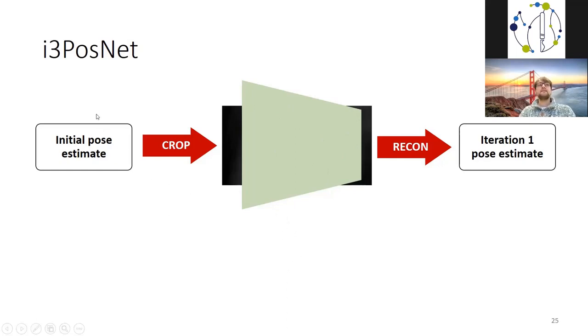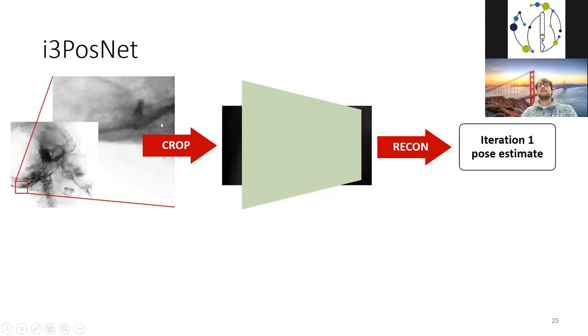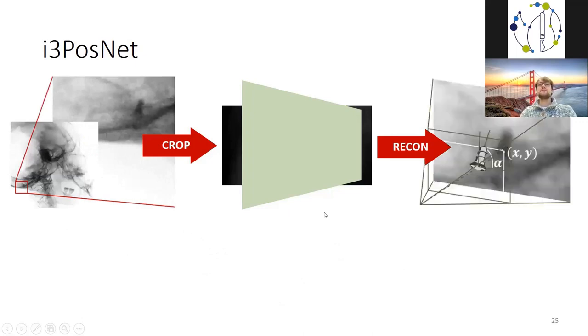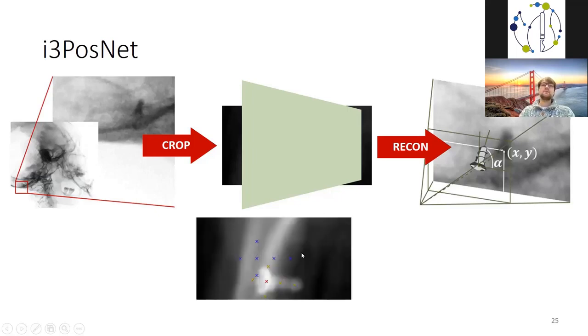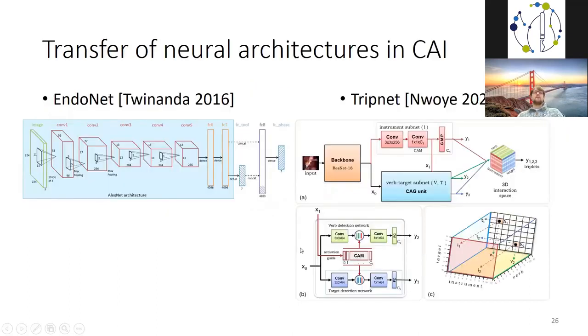And if we look at what the input here is, then this is again this image that we start with, and here it's the pose that we have as the output. And again, remembering real quick that it's predicting landmarks here as well. And if we look at typical problems in recent times, then we can see that there is a clear trend towards learning methods in CAI, but there also seem to be some approaches that find their own specific architectures and their own specific variations of established architectures.